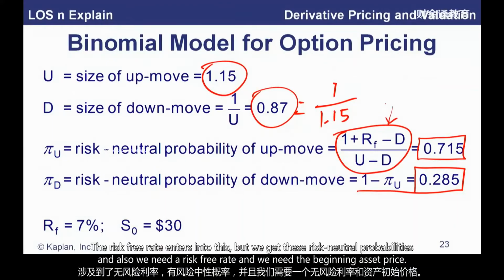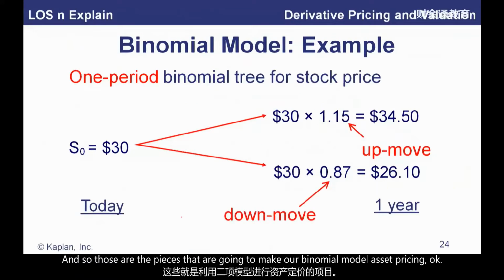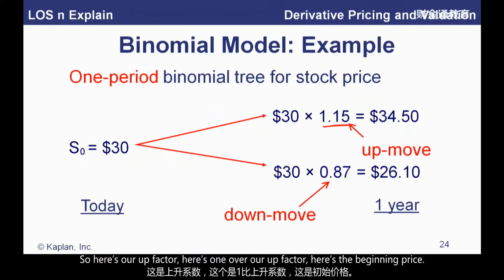The risk-free rate enters into this, but we get these risk-neutral probabilities, and also we need a risk-free rate and we need the beginning asset price. And so those are the pieces that are going to go into making our binomial model for asset pricing. Okay. So here's our up factor, here's 1 over our up factor.